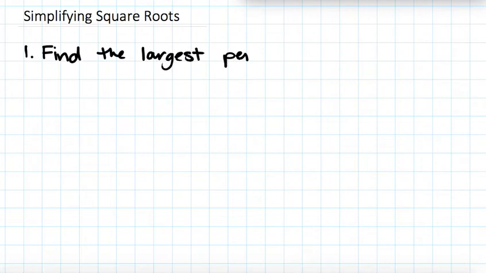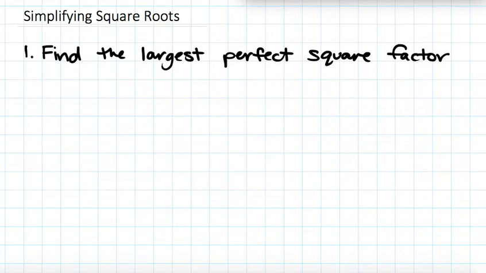Step 1 is that you find the largest perfect square factor. Or in other words, the largest number that the number can be divided by that is a perfect square.